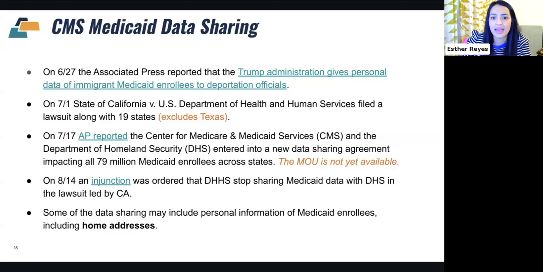As a result of that, the state of California, along with 19 other states, not including Texas, filed a lawsuit against that data sharing. Later that month, the AP reported that CMS and the Department of Homeland Security had entered into a new data sharing agreement that impacted all 79 million Medicaid enrollees across states.